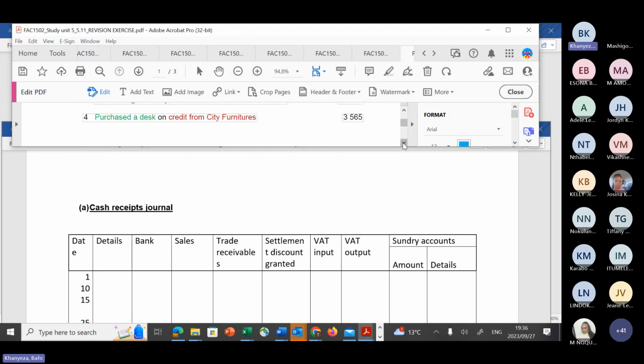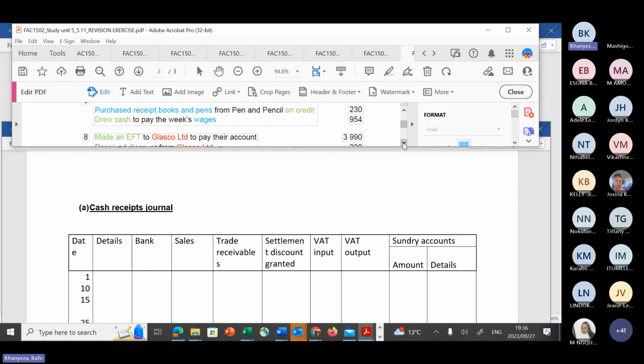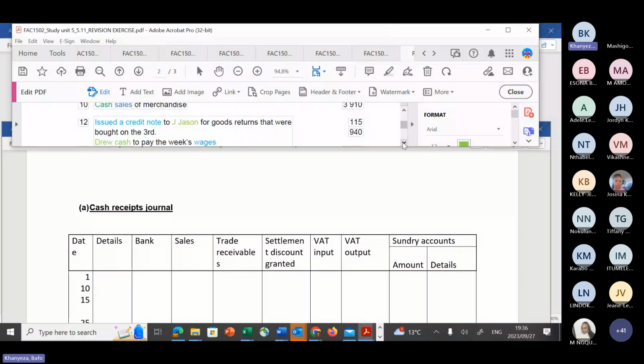On day number 6, where it says it was purchased on a credit card, in fact, it was purchased on credit, not on a credit card. So I've changed it. Also, on day number 12, the note was issued for goods returned, not for an overcharge. So we have some discrepancies in the study material.